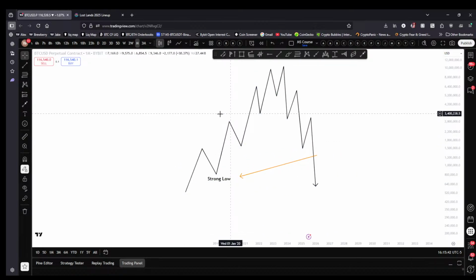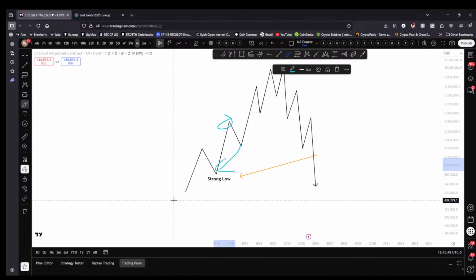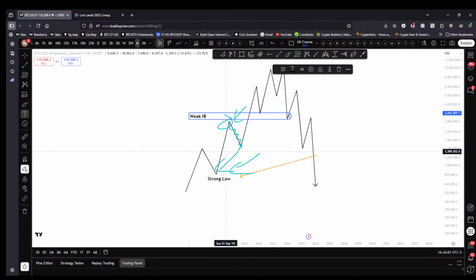Now, we know the job of a high is to break the low. So if this high has failed to break this low, then this would be a weak high, because it's not very good at its job.